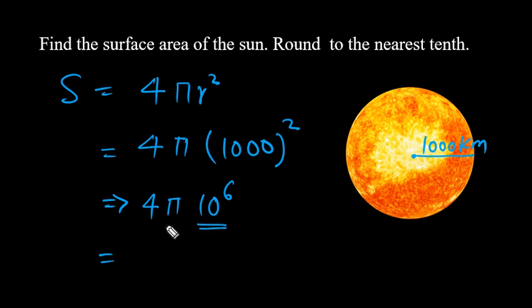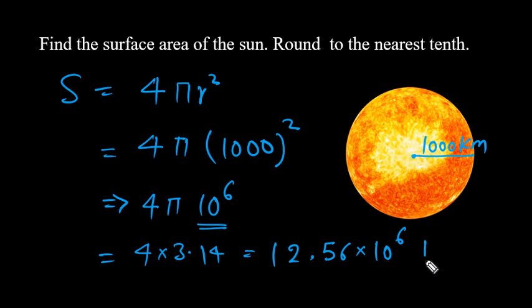Then 4 multiplied by 3.14 gives 12.56, so 12.56 times 10 to the power 6 square kilometers. That will be the surface area of the sun.